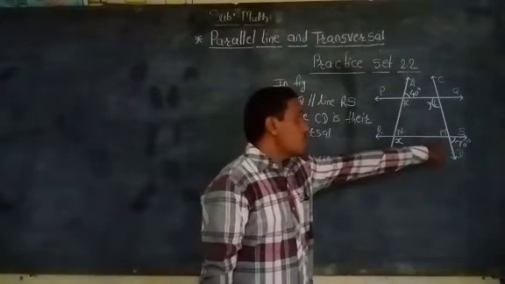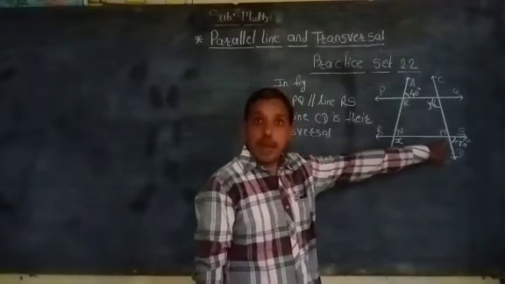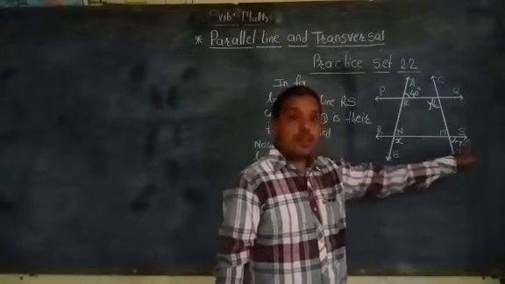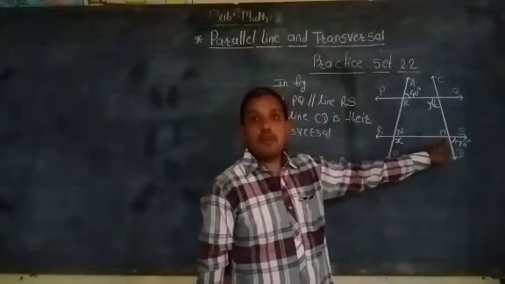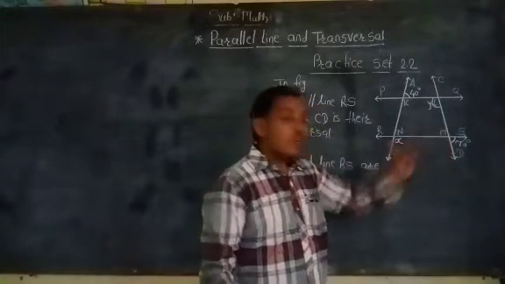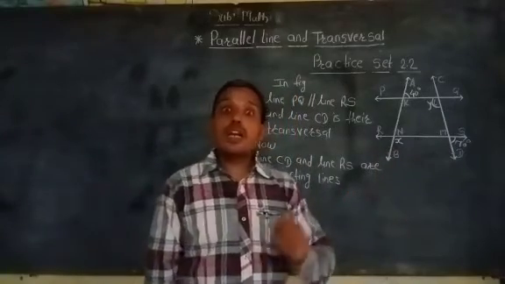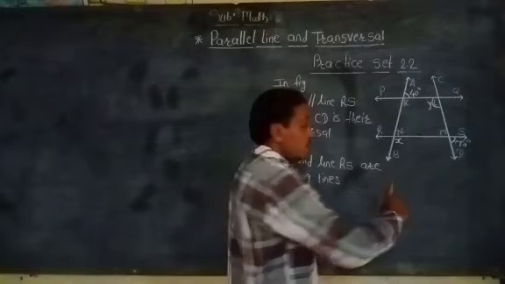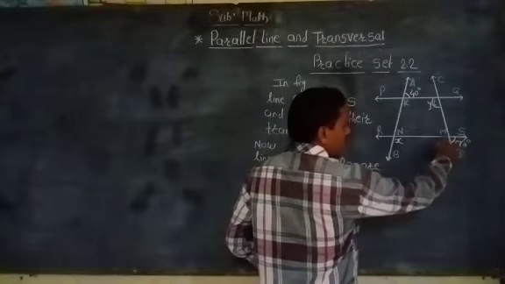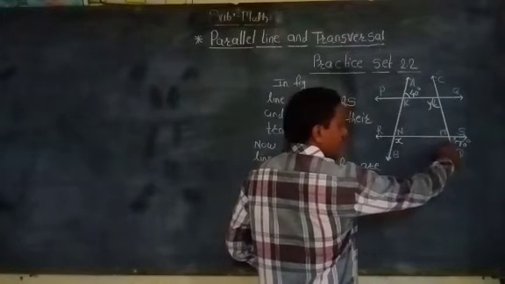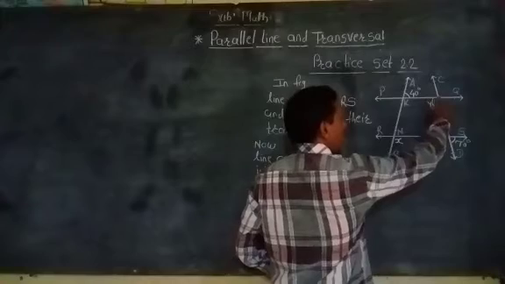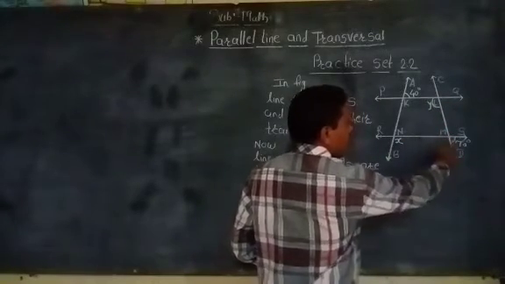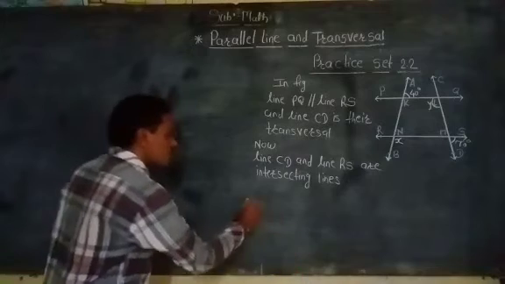Both intersect each other at the point M, and that is why they have made vertically opposite angles. Which angles are vertically opposite? Let us see. Angle SMD is vertically opposite to angle LMN.